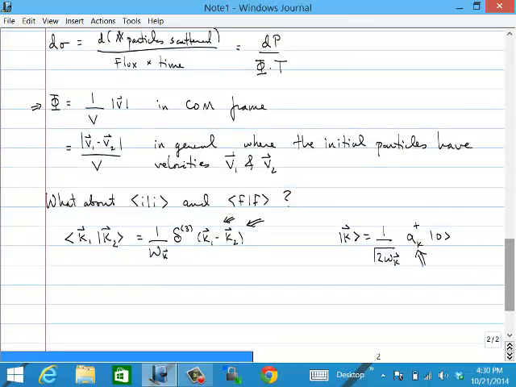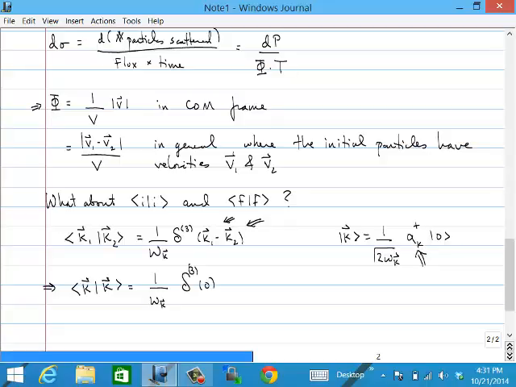So what this means is that if you have a particle of momentum k, then the norm of that state is 1 over the energy of the particle with momentum k, the relativistic energy omega k, times a delta of 0.